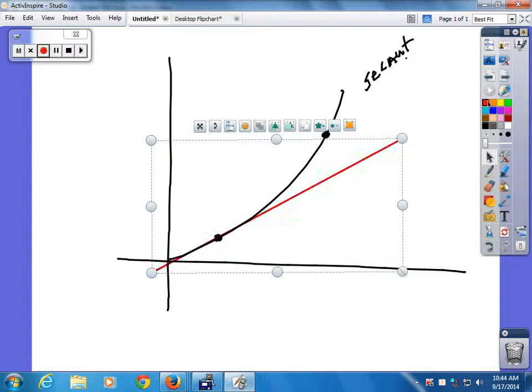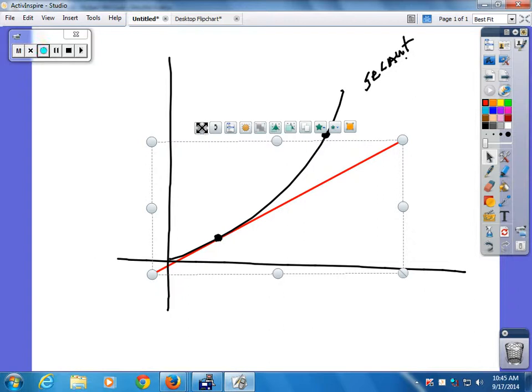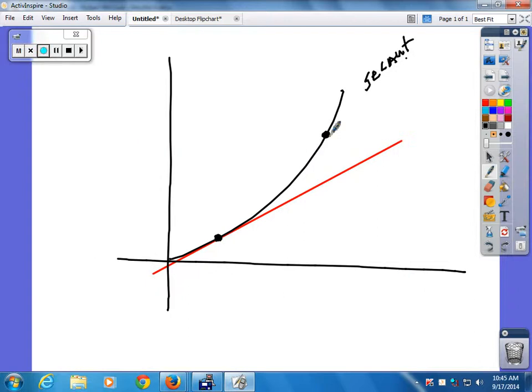The secant line turns into, when these points get closer together, this point right here comes down here, and it's about right here, right? And we're talking about a pin. A straight pin, half the width of a pin. I mean, really close to that point.